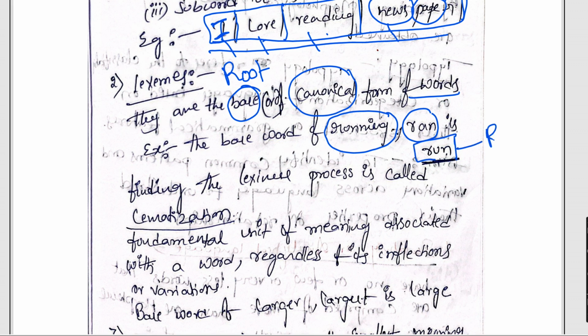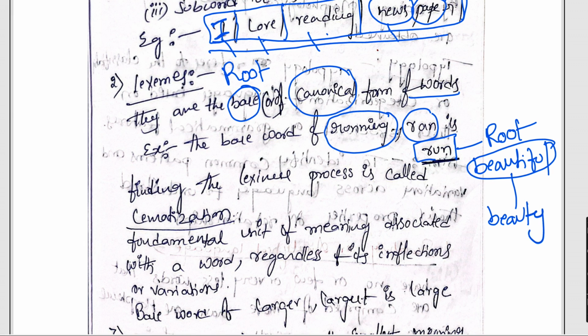We can call this the root word. Similarly, for beautiful the base word, canonical word, or root word is beauty. Another example is eating; the root word for eating is eat. Like this we need to find the root words.